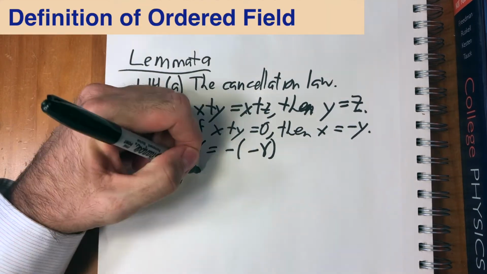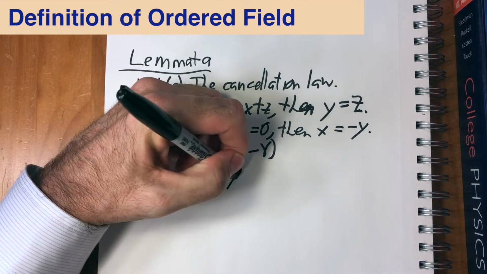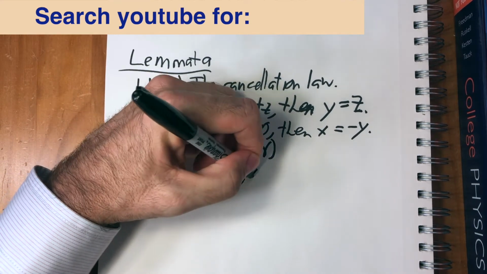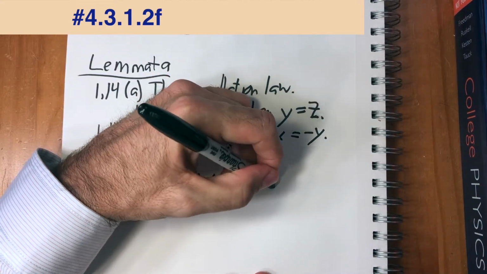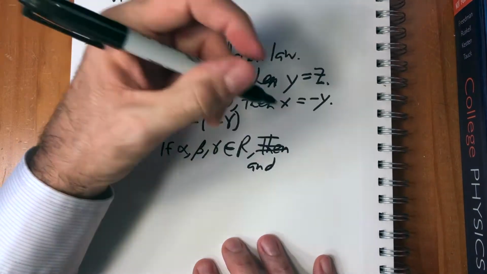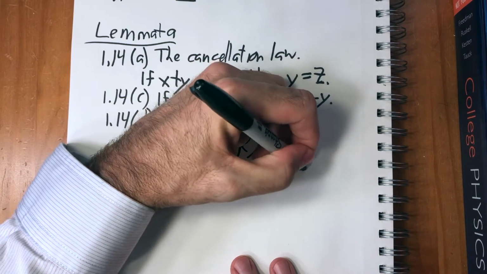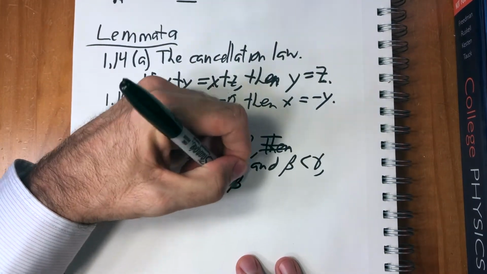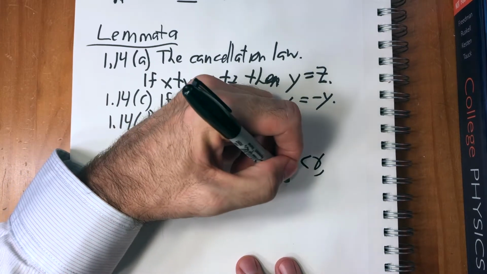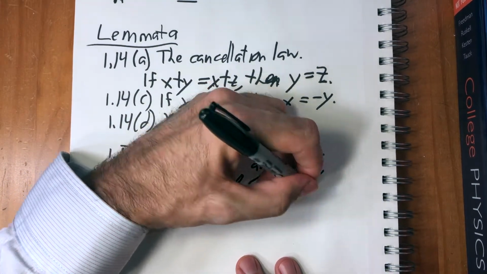So 1.17i is that if alpha, beta, and gamma are elements of R, and beta is less than gamma, then alpha plus beta is less than alpha plus gamma.